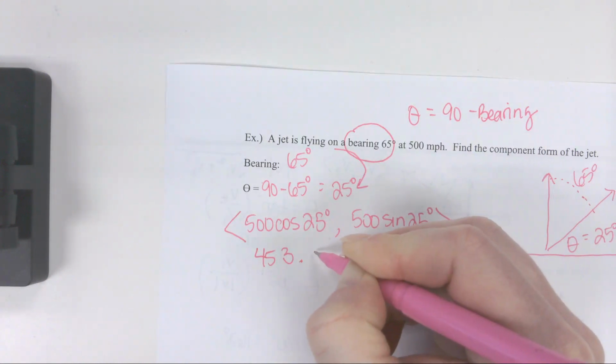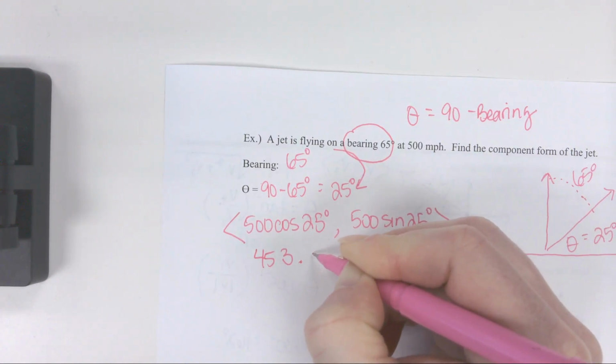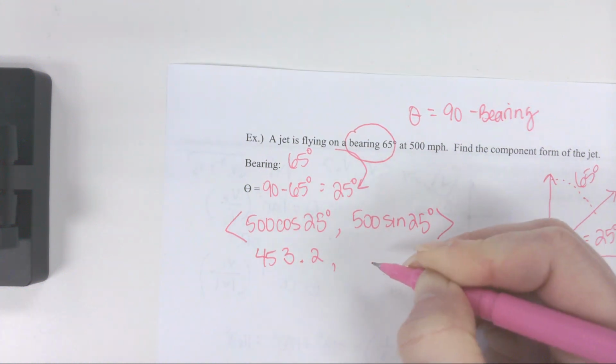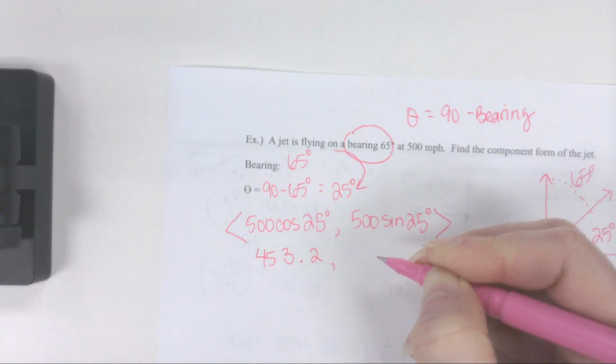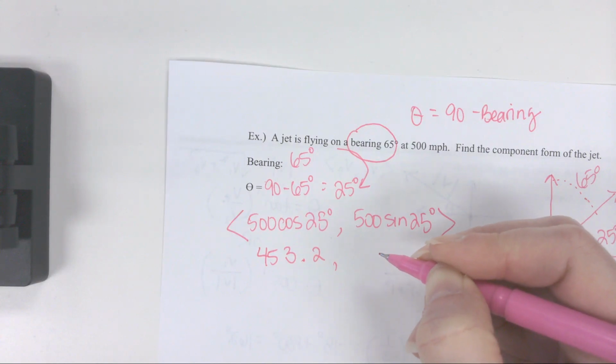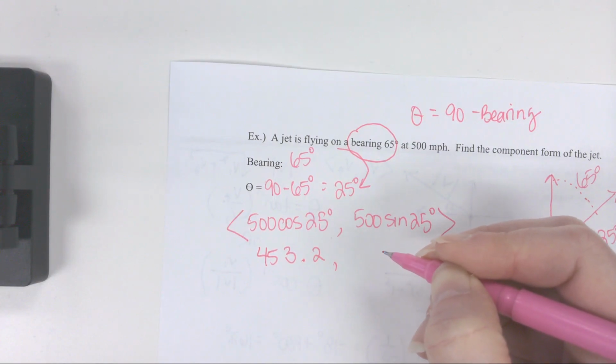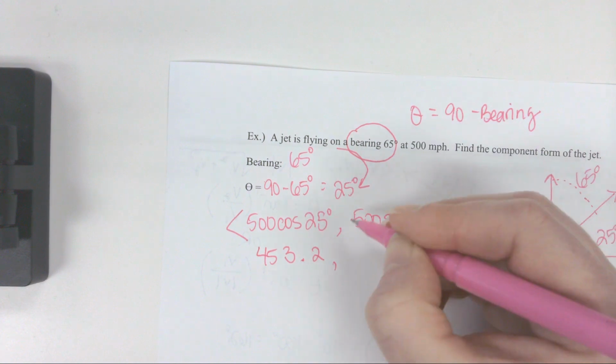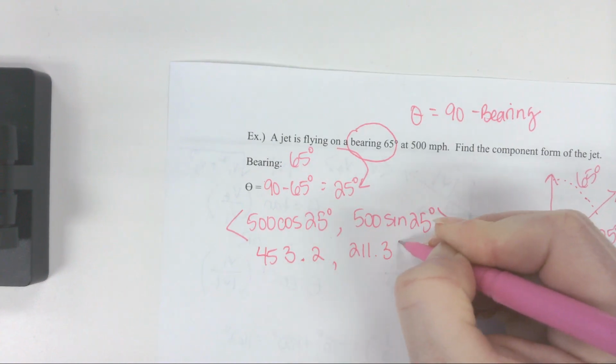Are you supposed to round? Just do 0.2. 0.15. Sure, or chunky. Fives are always hard, aren't they? 211.3. I didn't really give you instructions on that.